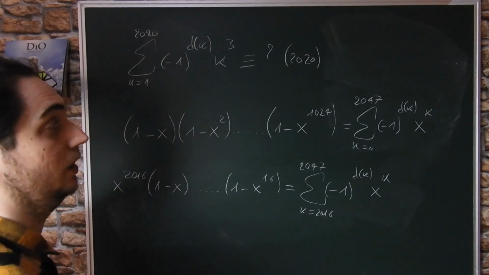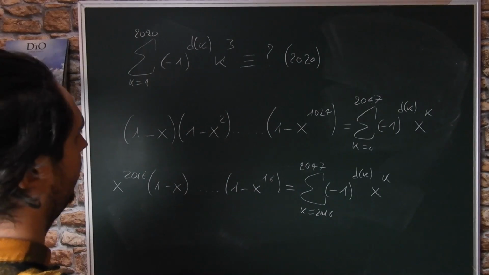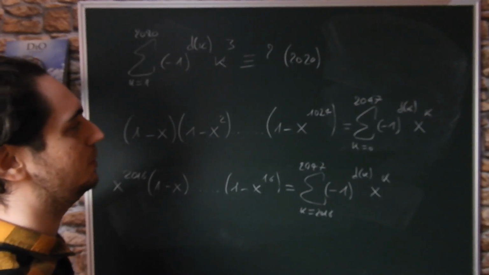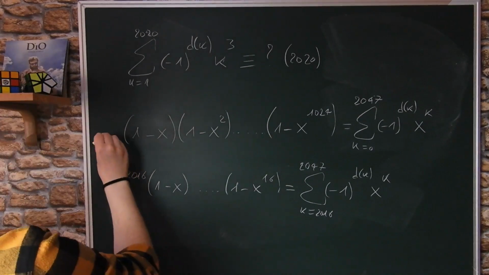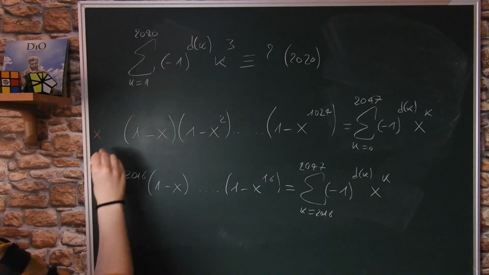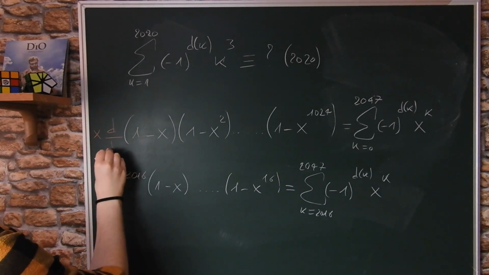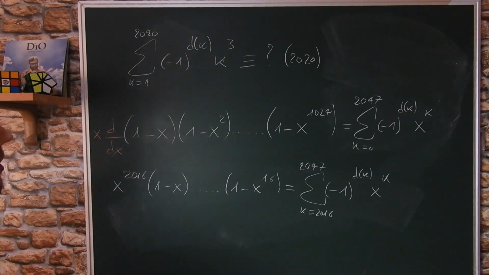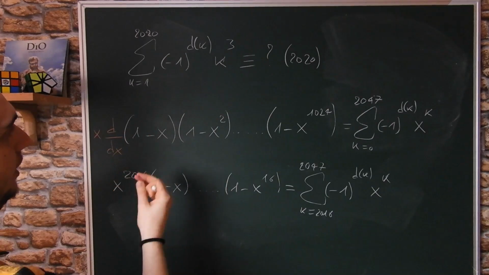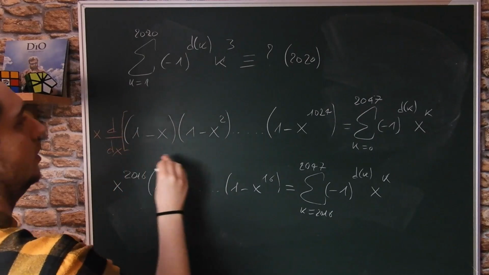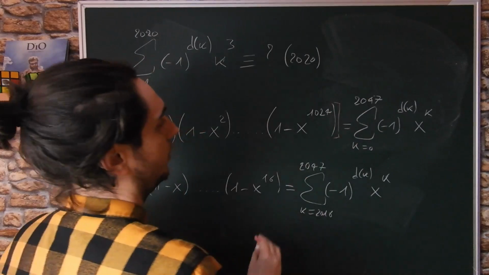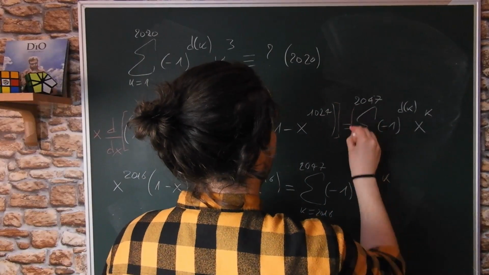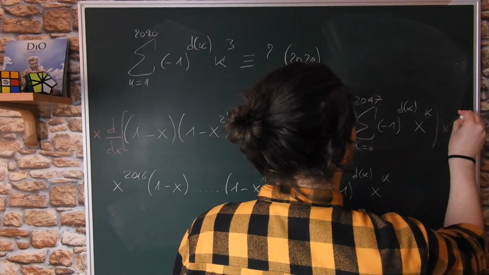So how to do it? Well, if you look very deeply, you can check that if we multiply by x and differentiate with respect to x on both sides of the equation, so let me use maybe a different bracket. So let us do the same thing here.